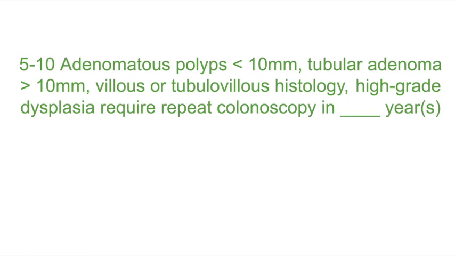So basically, this question is asking if you see any of these conditions, how often do you have to repeat colonoscopy? 3 years. If there are greater than 10 adenomas, how often will colonoscopy need to be repeated?